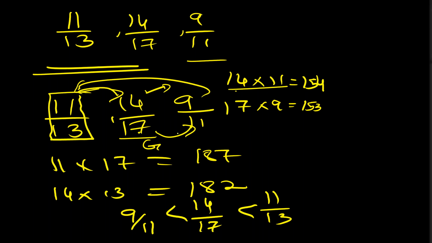If this number is greater, and here also I have greater, that means this 14 by 17 is going to be my first value. Then I'll compare 11 by 13 and 9 by 11. Whichever is greater comes second, and the next value comes after. This is how I'll be calculating this.